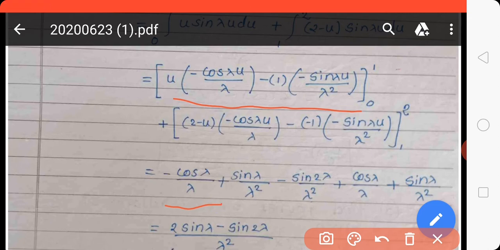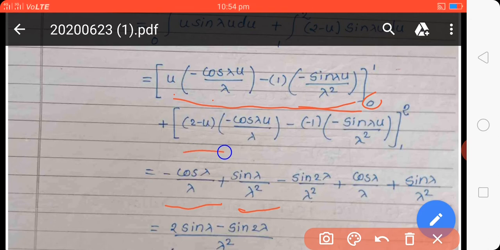Therefore we got the term minus cos lambda upon lambda. If we put 1 in the second term, then we got minus minus plus sine lambda upon lambda square. Then put the lower limit 0. If we put the lower limit 0 in this term, we got 0 into the term is 0, and here sine 0 is 0. Therefore both terms are equal to 0.